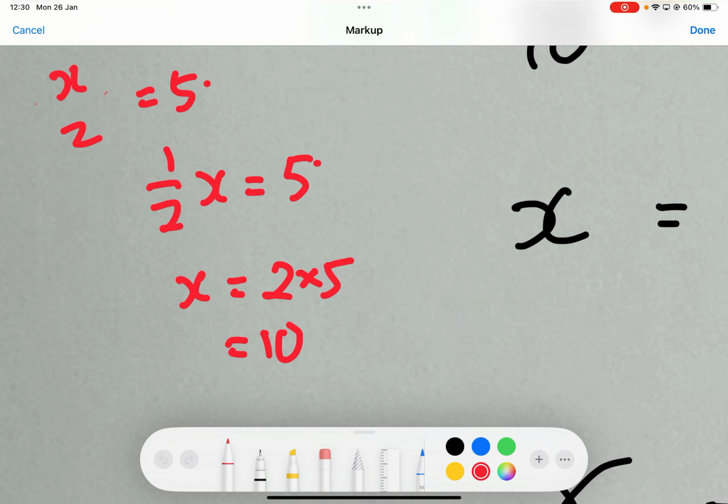If I go by trial and error or guess and check, I put x equals 2. When x equals 2, 2 divided by 2 is 1. So x is not 2. If x equals 4, 4 divided by 2 is 2. Still not equal to 5, so it is also wrong. Okay, when x equals 10, 10 divided by 2 is 5. Same. So x must be equal to 10.